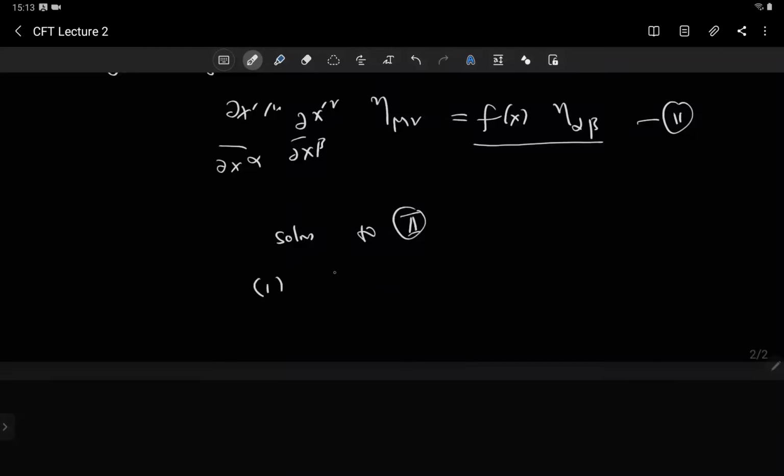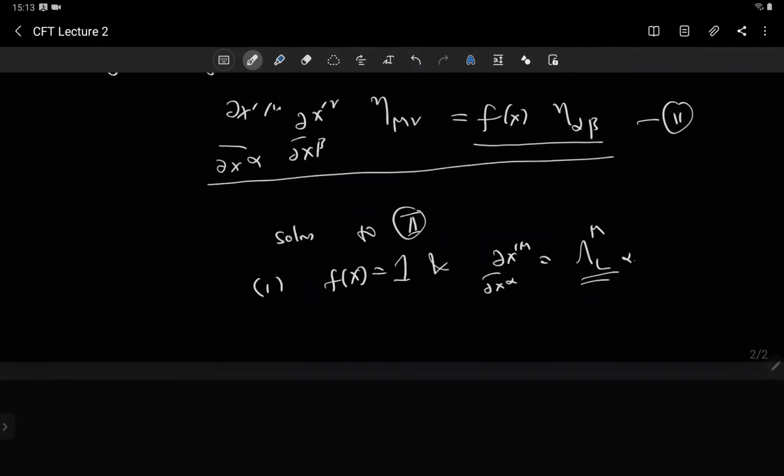The first solution is if f is equal to 1 and del x prime mu del x alpha is just a Lorentz transformation. That means if f is equal to 1, then this equation says just that eta mu nu is invariant. So the solution to that is that x prime mu is a Lorentz transformation.